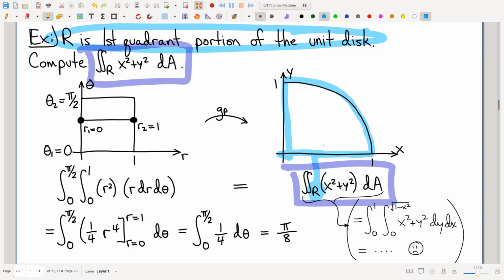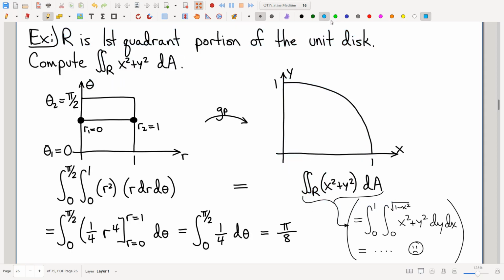So the clever move is to notice that this domain that we don't like is the image of this rectangle. And you can just think it through one edge at a time. Let's think about, for example, what is this edge right there in this rectangle that I've drawn back here in the r theta plane. That edge is where r is equal to 1.